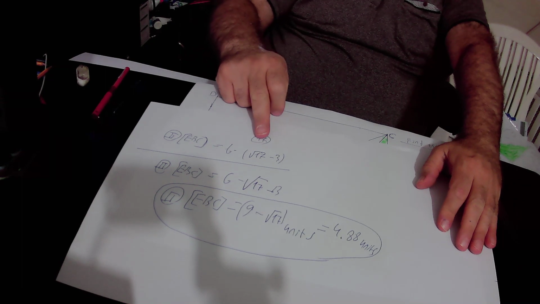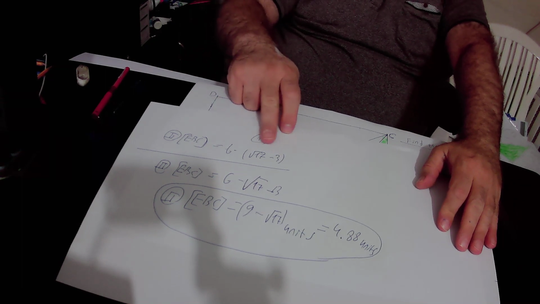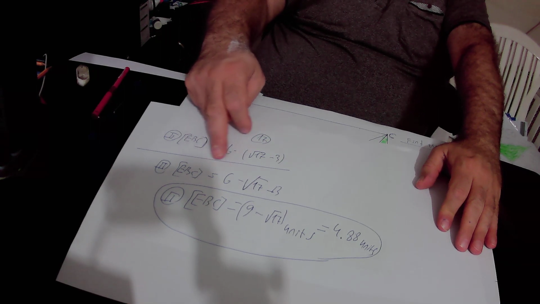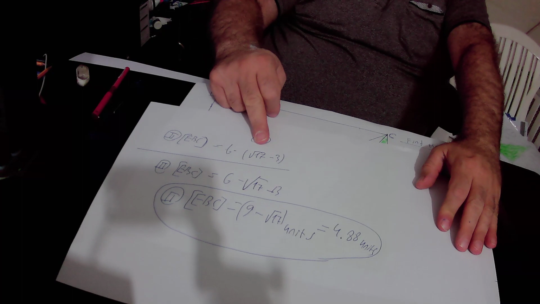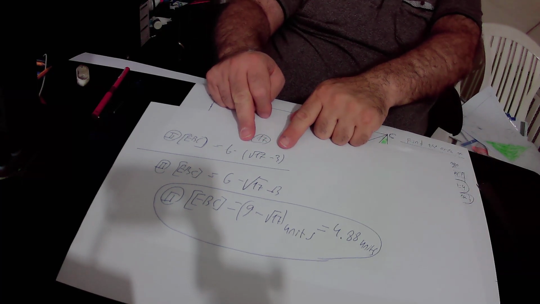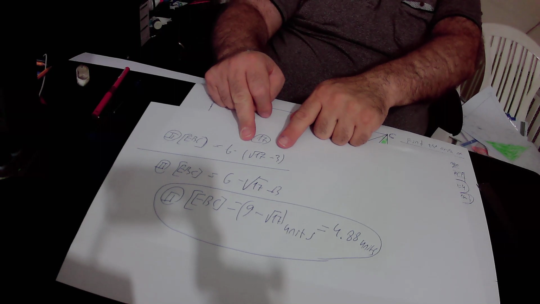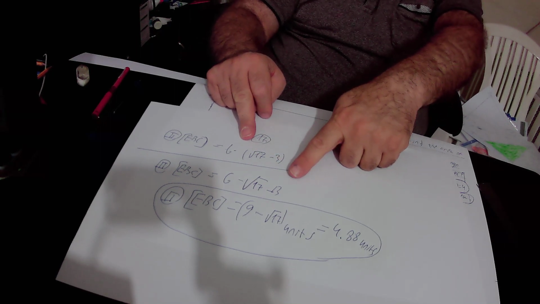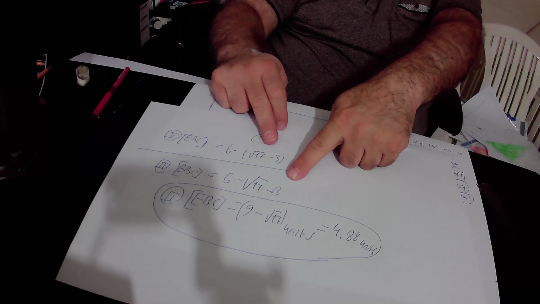So we open the brackets in this expression. So we get that the area of the green right triangle EBC equals 6 minus square root of 17, and here minus times minus is plus. So we got that it equals 6 minus square root of 17 plus 3, because minus times minus is plus.